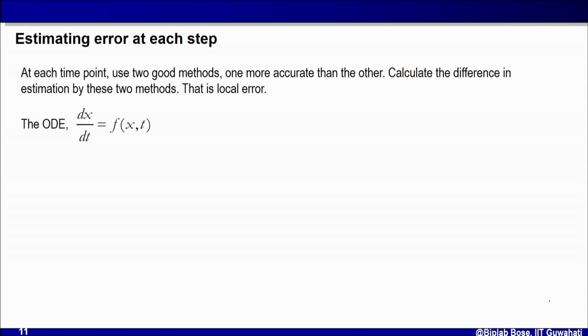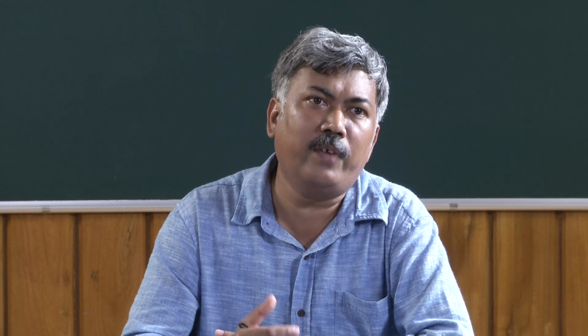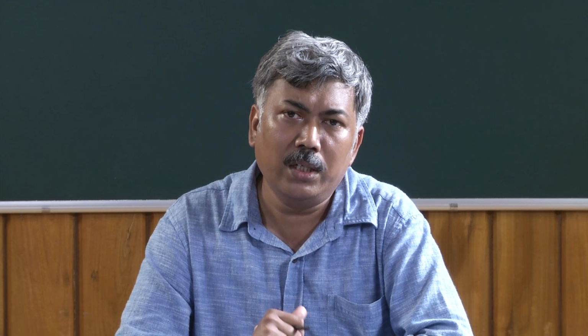Rather than comparing with the real one, you take two algorithms. One algorithm is more accurate than the other one, and you know that. There are many algorithms in the family of Runge-Kutta methods. We have discussed the fourth order. There is also a fifth order Runge-Kutta method, and that one is better than the fourth order one.